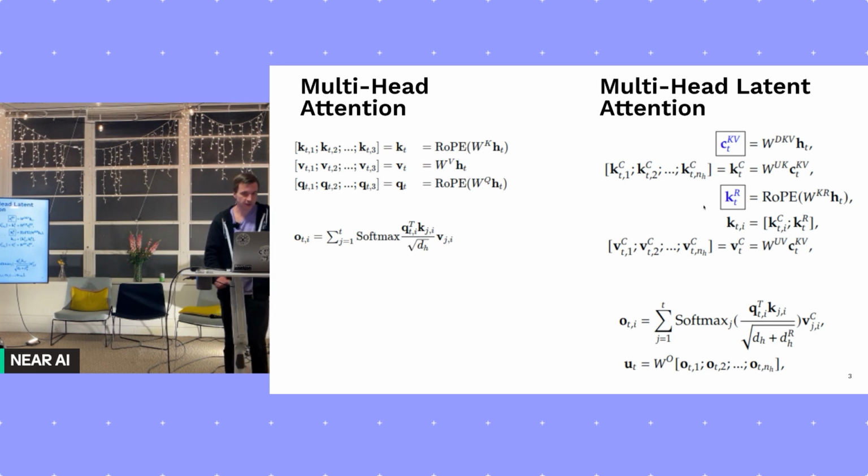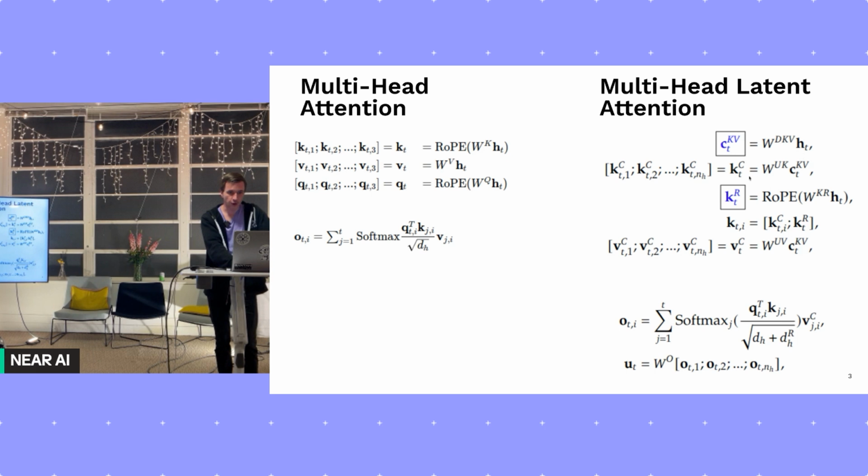Let's look at what they do differently. The problem they're trying to solve is that after you computed those keys, values, and queries, you need to keep the keys and values in memory for the future tokens, and memory is at a premium. Ideally, you want to reduce the amount of memory you consume. So instead of computing keys and values directly, they do something very similar to what LoRA does.